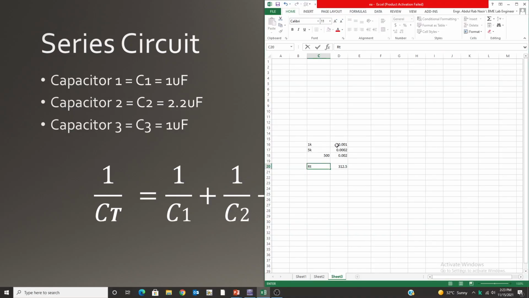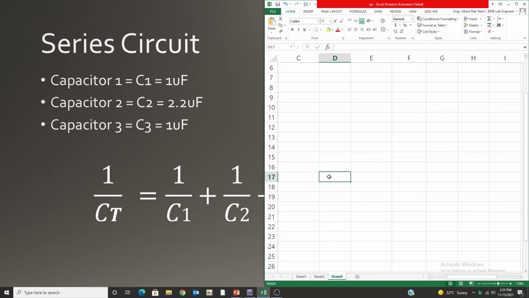Again, we are moving here towards Excel. 1 micro, 2.2 micro and 1 micro. Okay, 1 is equal to 1 exponent minus 6, 1 divided by 2.2 exponent minus 6, 1 divided by 1 exponent minus 6.